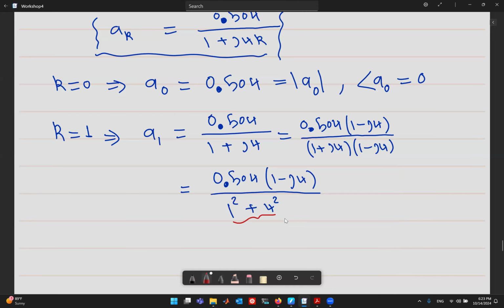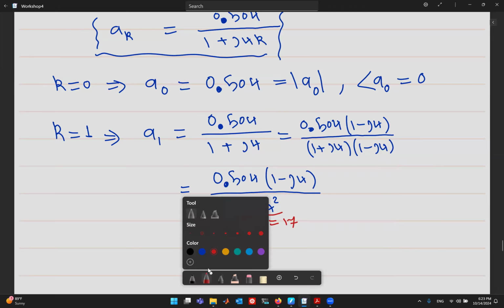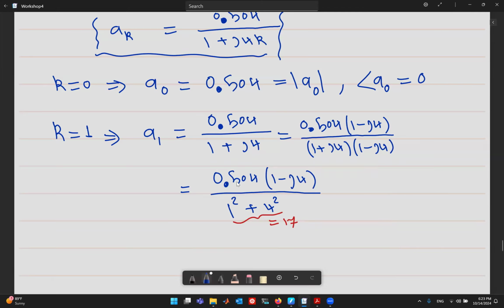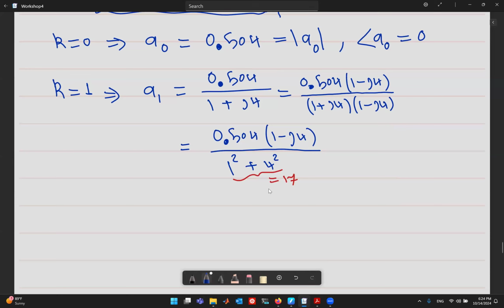which is 17. I'm trying to find the magnitude of a1 and the phase of a1.